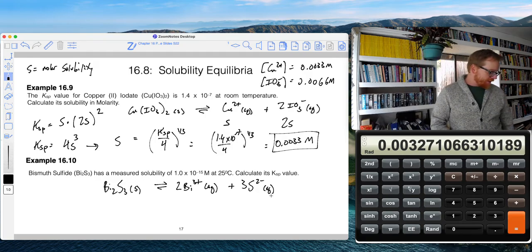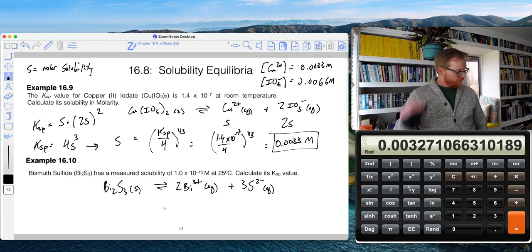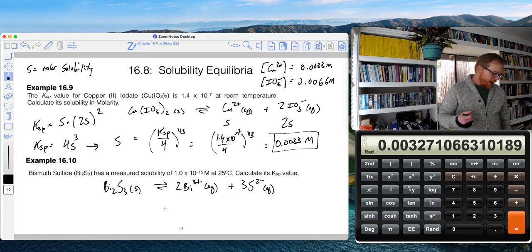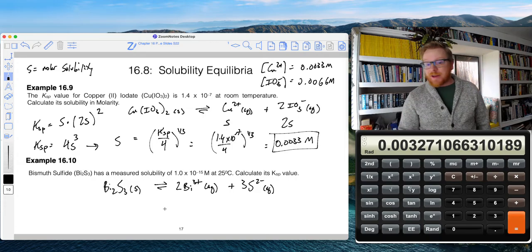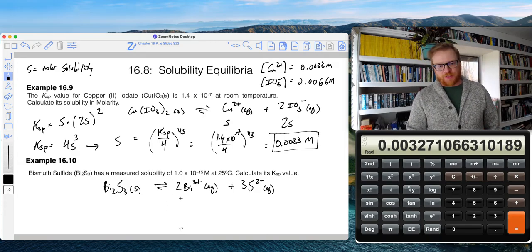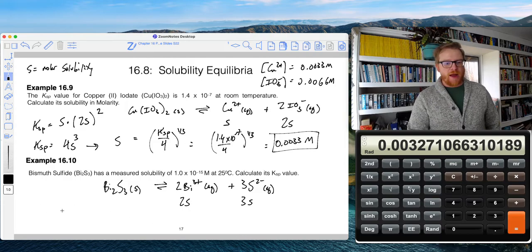And if I do the same thing now, if I invoke this letter S, what I'm going to actually see is I need to call this one 2s, and I need to call this one 3s. And so now because really that means that my solubility of this entire compound is just 1s, which is the same as what it was here, all right? Because of that 1-to-1 ratio.